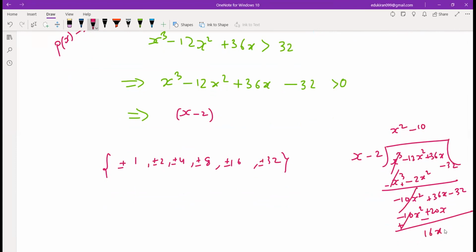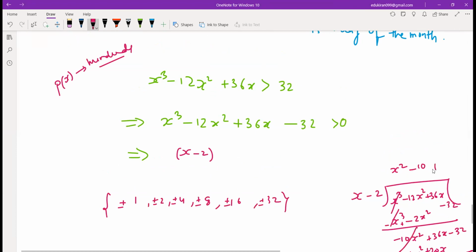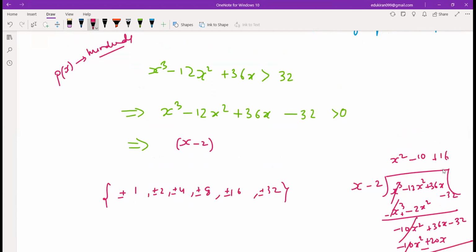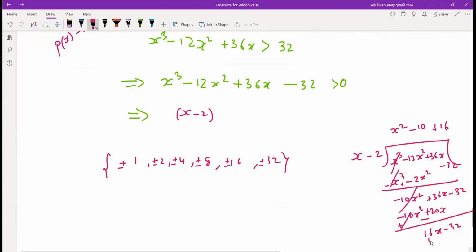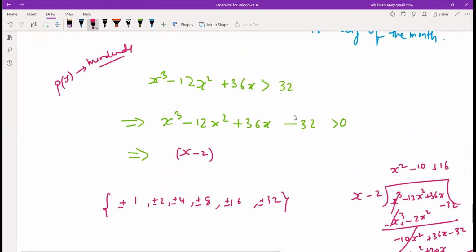So 16x minus 32. Then you will take plus 16, it will be 16x minus 32. It will get cancelled. So what you are getting is x square minus 10x plus 16. So this is x square minus 10x plus 16 greater than 0.